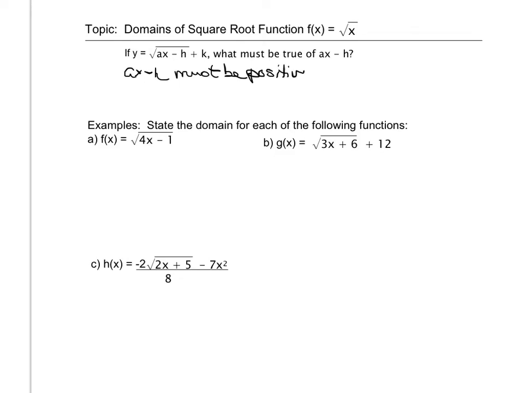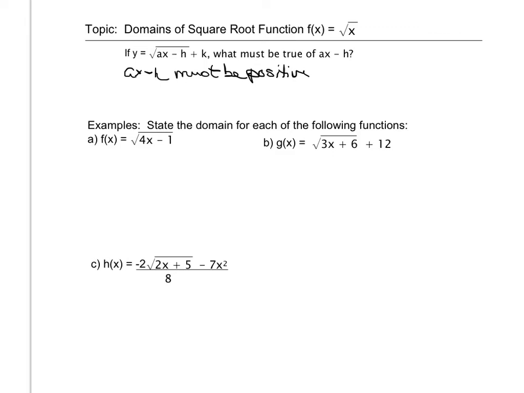So I have to ask myself, how can I take ax minus h must be positive and turn it into something solvable, something in mathematical form? Well, I know that if it's positive, it has to be greater than or equal to 0.